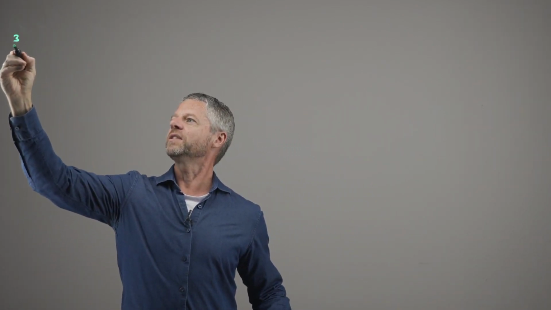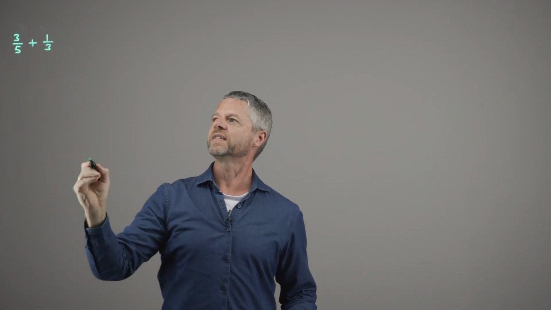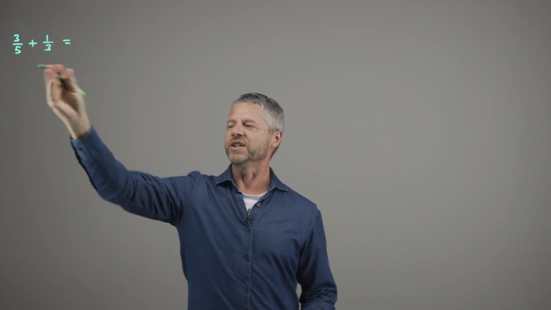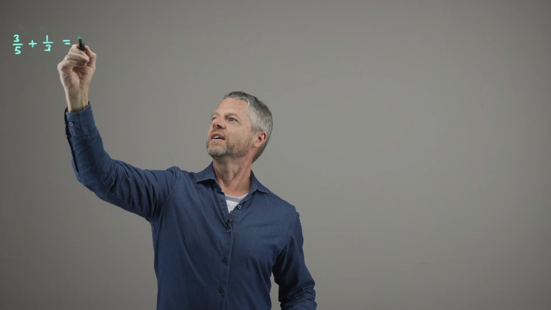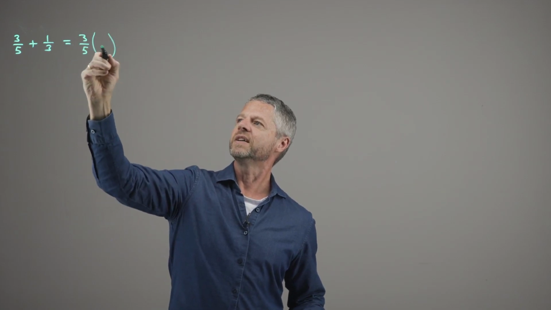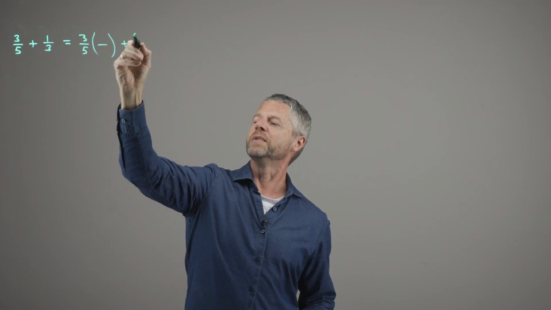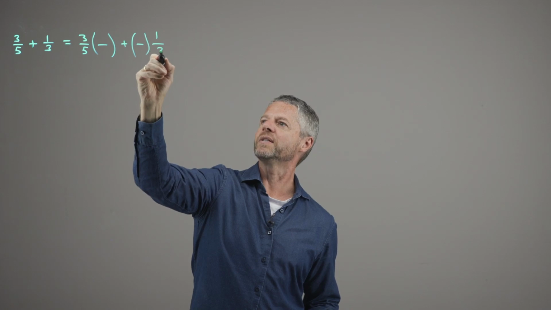Way back in video number 5 we reviewed adding and subtracting fractions. For example, 3/5 plus 1/3, and we need to find common denominators for this. An easy way to do that is to multiply each fraction by another fraction that's equivalent to 1.